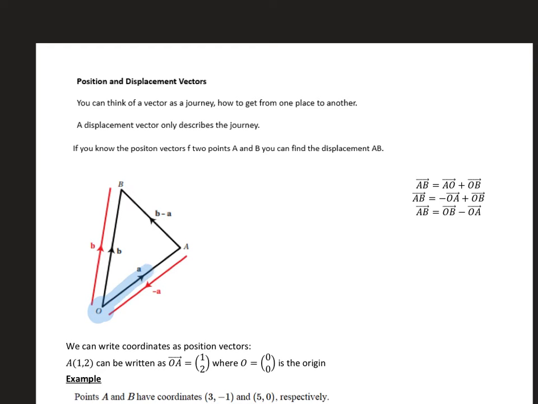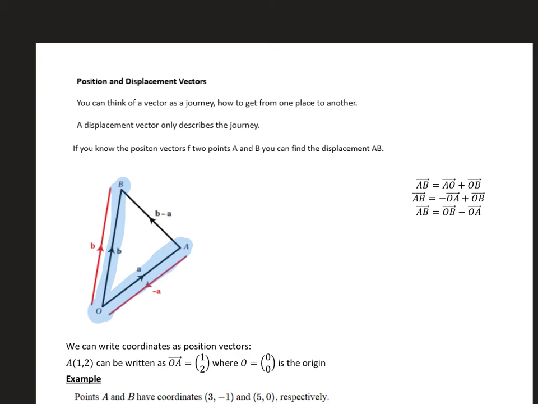So here's my position A, and the vector to get to it is little a. Here's my position B, and to get to it is little b. So to get from A to B, I have to go first to O. So I'm going along A, but the opposite direction.